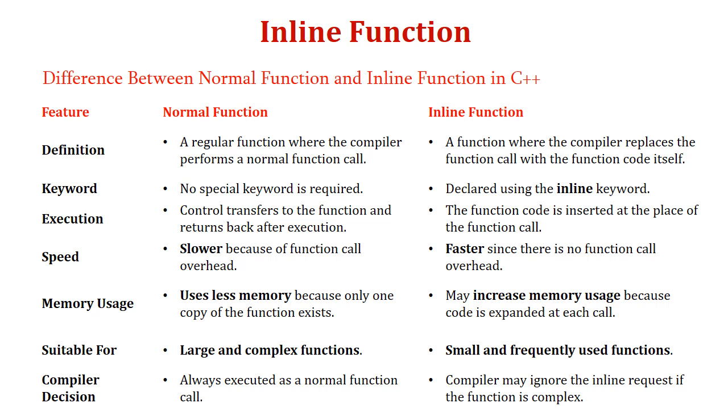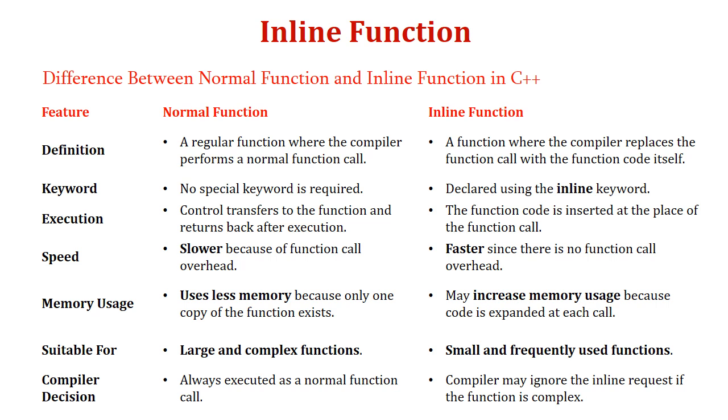What are the differences between normal function and the inline function in C++? First, start with the definition. A normal function is a regular function where the compiler performs a normal function call. An inline function is a function where the compiler replaces a function call with the function code itself.